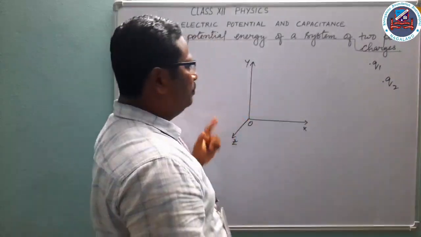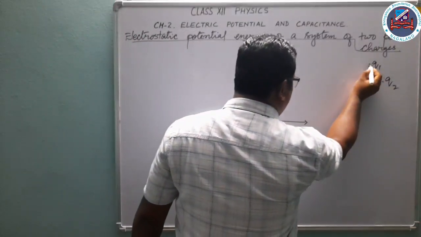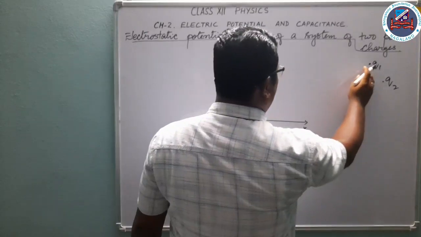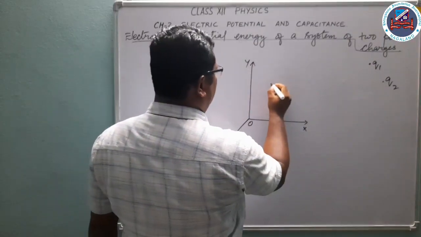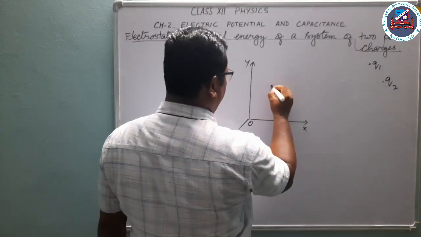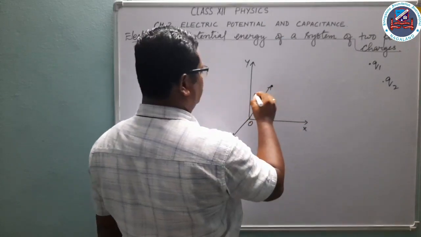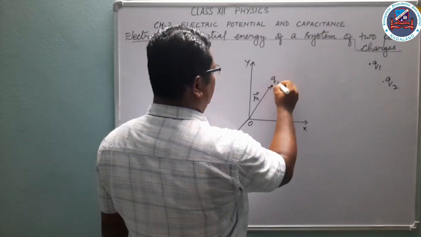Now the first one, to bring this unit positive charge Q1 from infinity to one point, suppose say here, let us take the position vector as r1. I am going to bring it here.